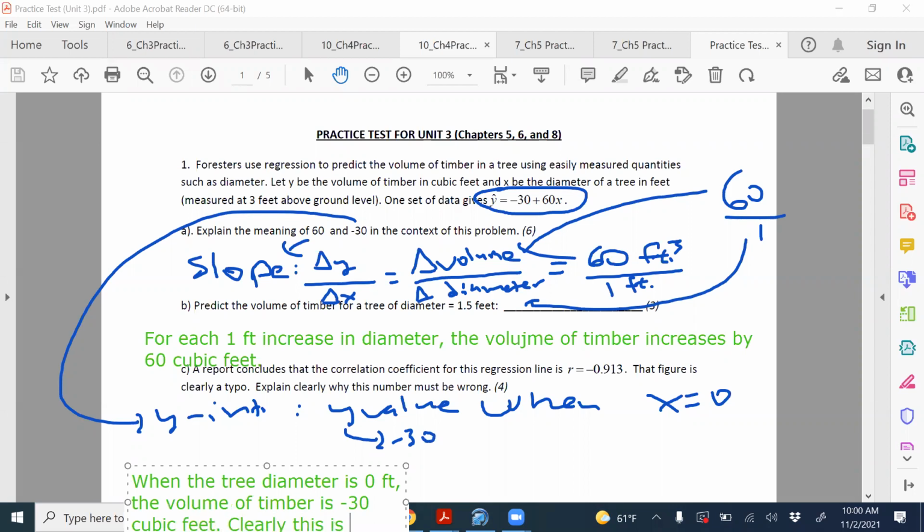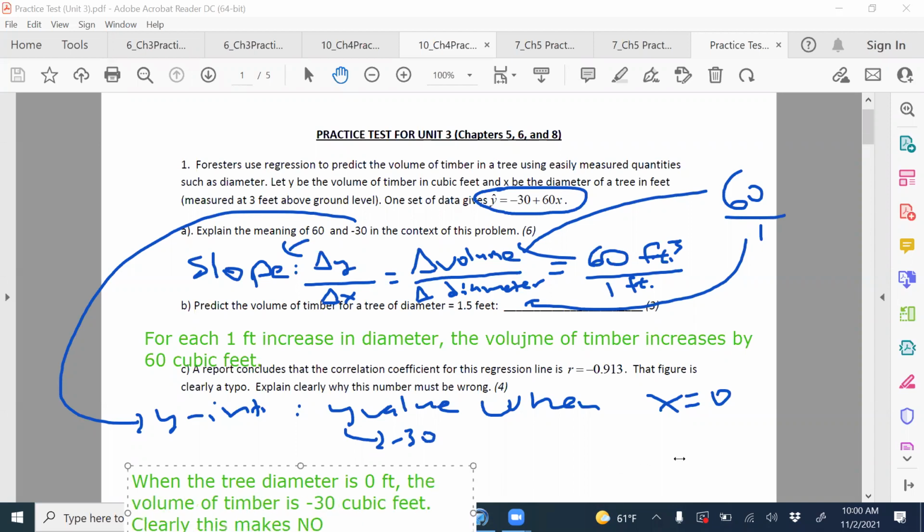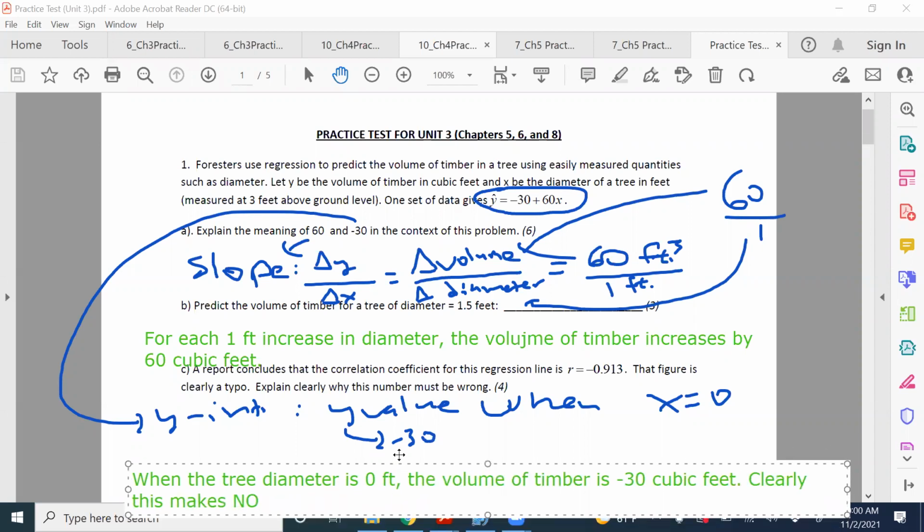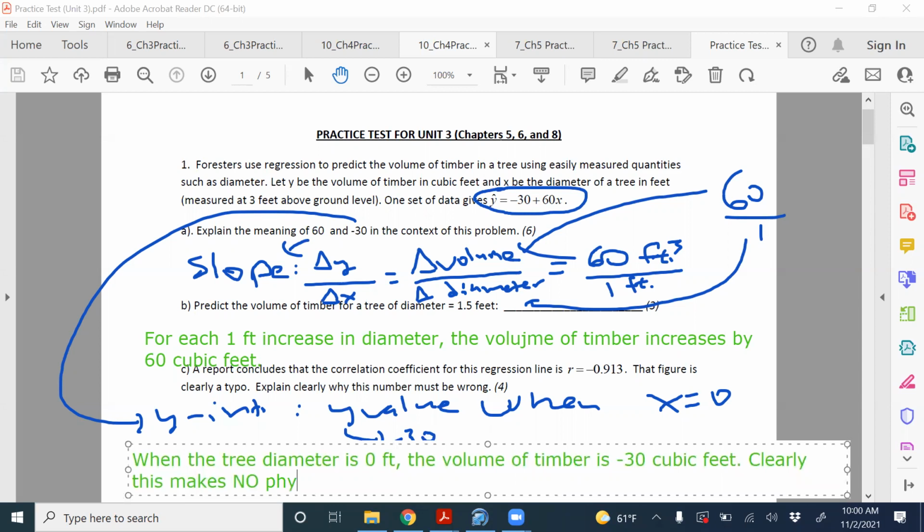Clearly, this makes no physical sense. Why does it make no physical sense? There are 2 reasons. How do you have a negative volume? That's weird. And also, how can the tree diameter be 0?